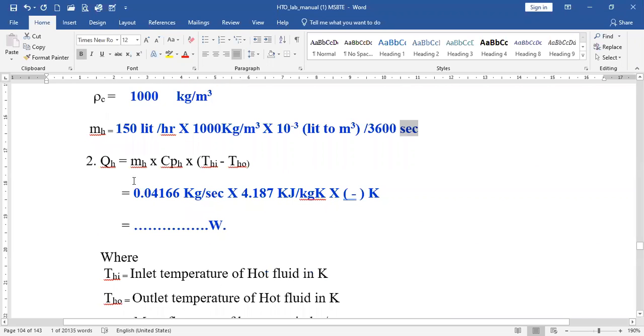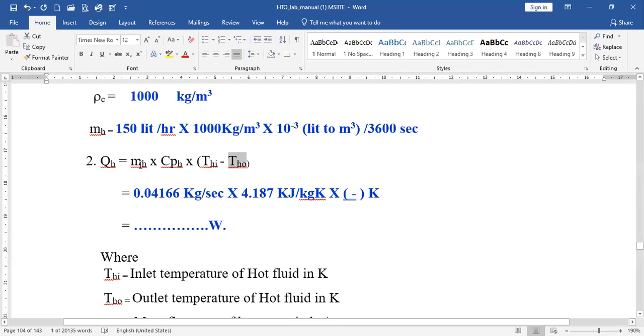Then we can calculate the rate of heat transfer, that is Q of hot fluid, with the help of the formula m Cp delta T. So this is m_h into Cp_h into delta T, that is nothing but the range of the hot fluid, Thi minus Tho, because the initial temperature of the hot fluid is always greater, and after removing energy from the hot water, this temperature is going to decrease, right?